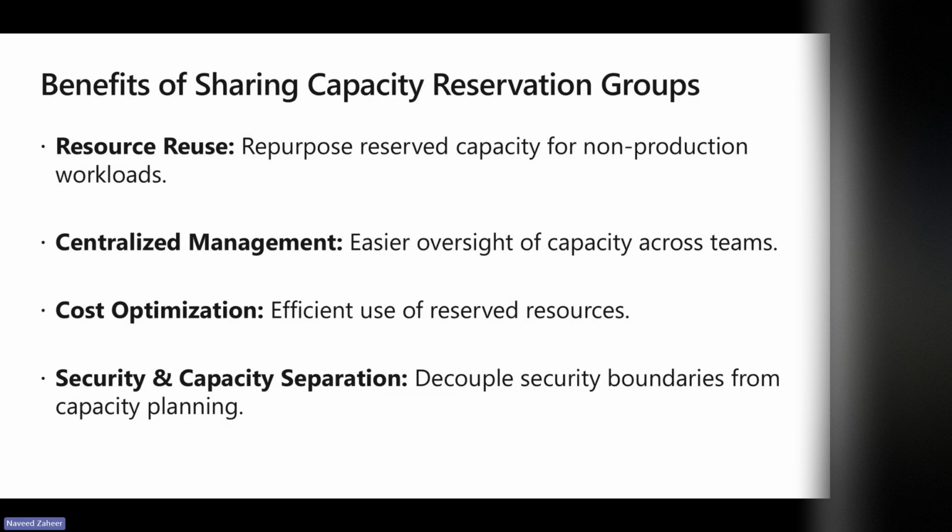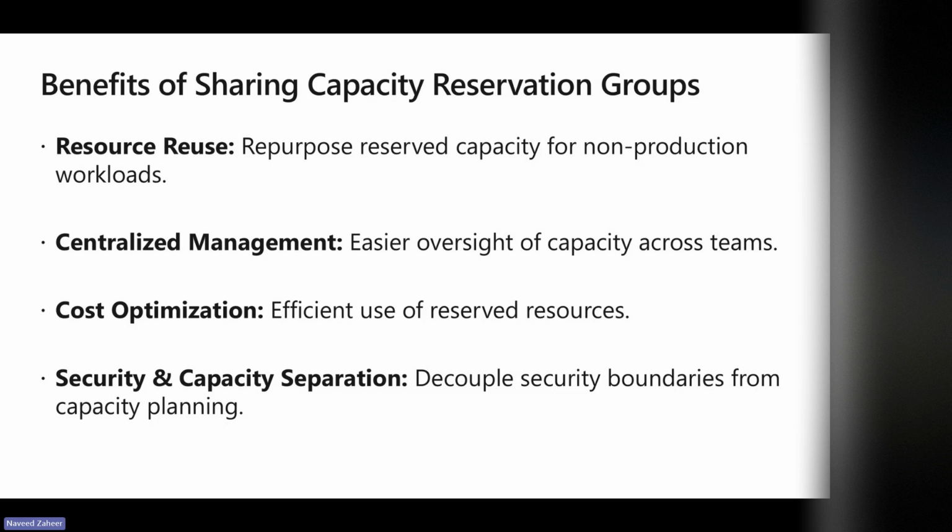So with that, once you have the centralized management and reuse, you start saving cost. Okay, so cost optimization comes out of it. Basically, now you can have better control of the cost with the reuse of resources.